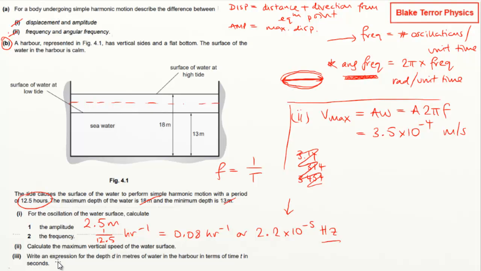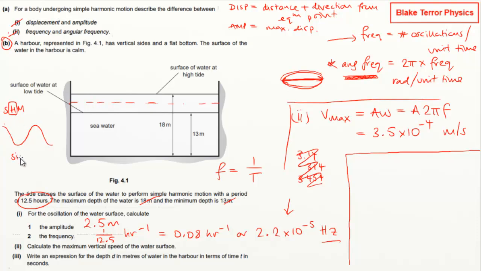Write an expression for the depth D in meters of water in the harbour. Right, so this is just checking if you can understand transformation of graphs, really. So remember that the harmonic part of SHM means we've got sinusoidal motion. So we've got this variation in a sine wave, and then we're doing transformations to a sine wave.